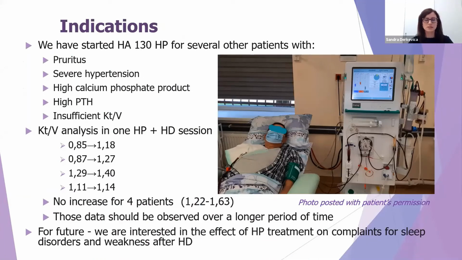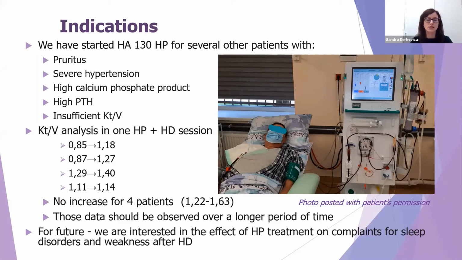We have started HA-130 hemoperfusion for several other patients with complaints of pruritus, severe hypertension, high calcium phosphate product, high PTH, and insufficient KTV.